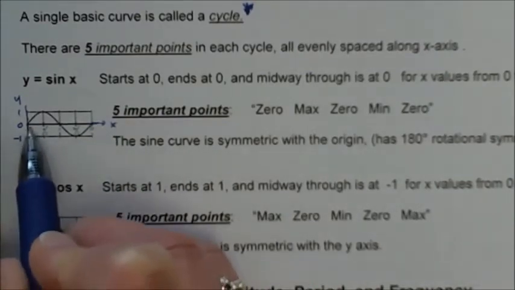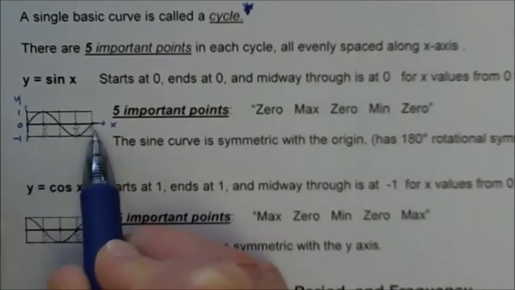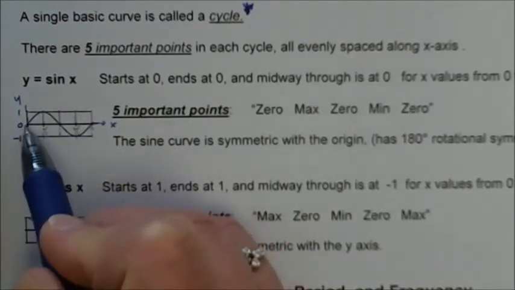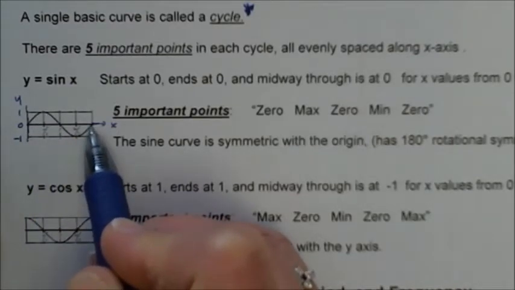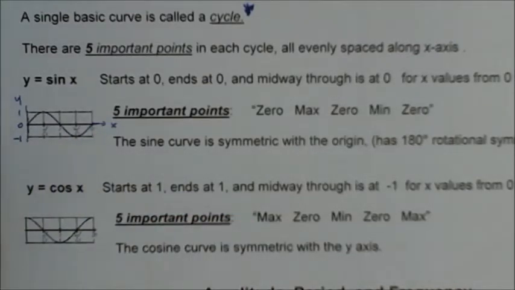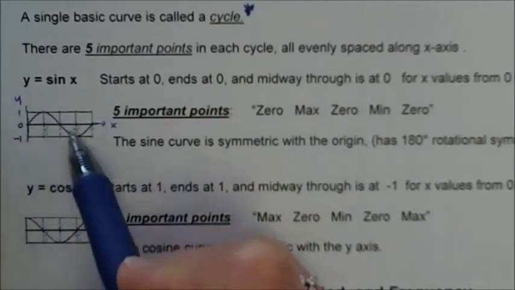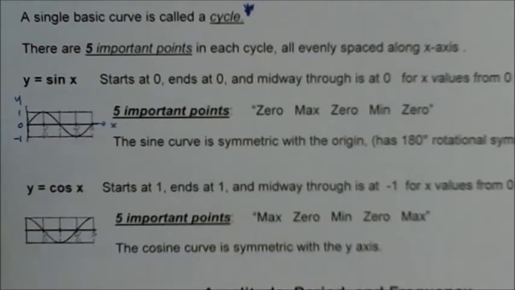And we are going from 0 radians to 2 pi radians. So we have here one complete, or one single basic curve of our graph y equals sine x. So this is one cycle of y equals sine x.